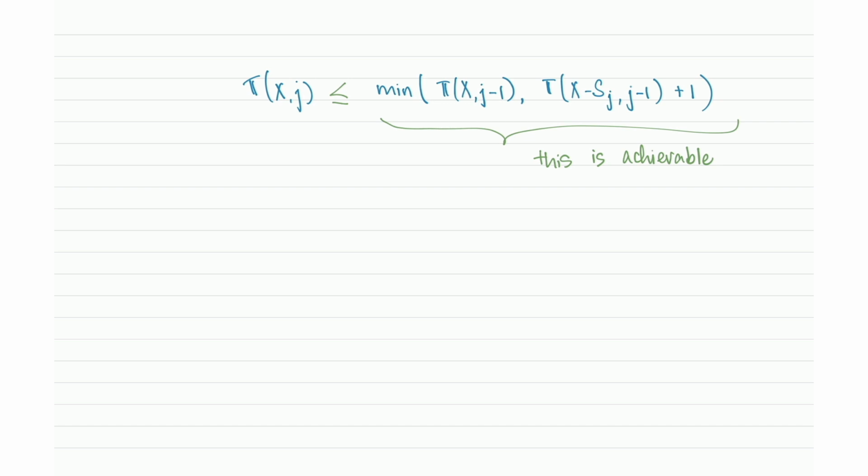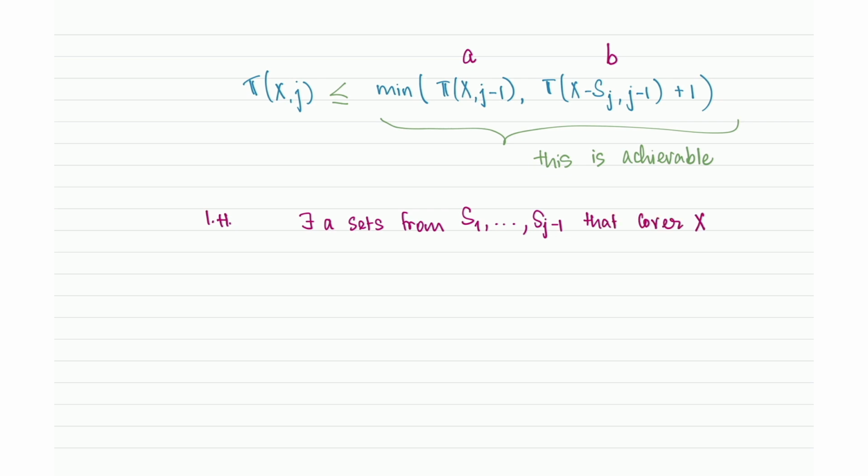So let's just give these values some names. Let's say t of x, j minus 1 is a, and t of x minus Sj, j minus 1 is b. So based on the induction hypothesis, what we know is that there is a collection of a sets from S1 to Sj minus 1 that cover x.